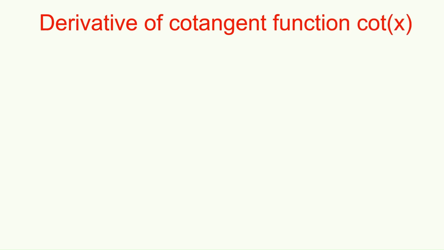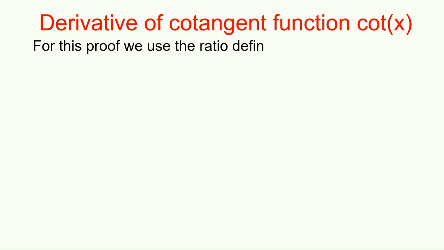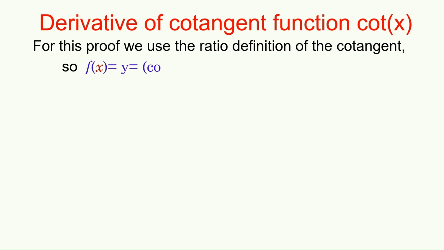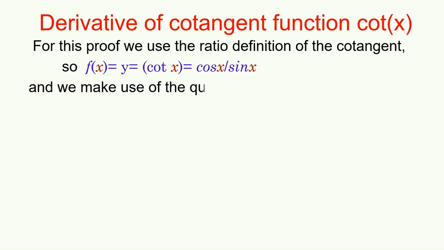Derivative of the cotangent function cot x. For this proof, we use the ratio definition of the cotangent. So f(x) = y = cot x = cos x / sin x, and we make use of the quotient rule.